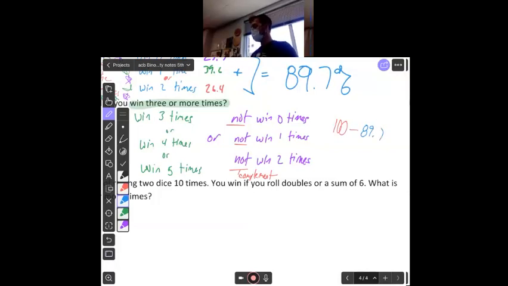We don't have to do all that other work. We don't have to find 3 and 4 and 5 because we already found 0 and 1 and 2. So we can do this easier. Okay. So we get what? 10.3%. The probability of winning 3 or more times is 10.3%.